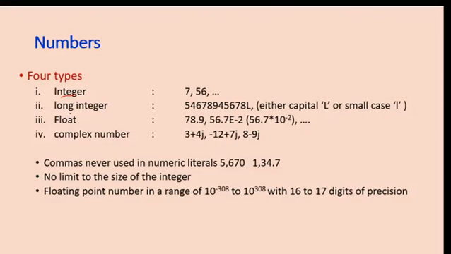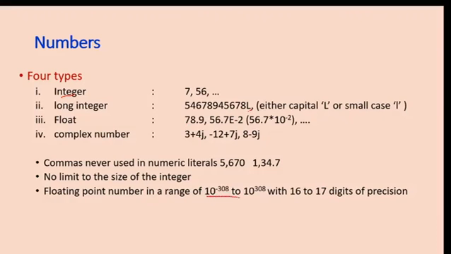And then we have long integer. In this, we have values with so many digits, and at the end, we have to specify L. It can be either upper case or lower case. L indicates long integer.